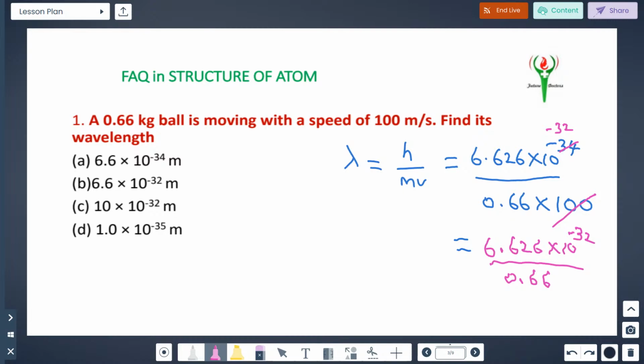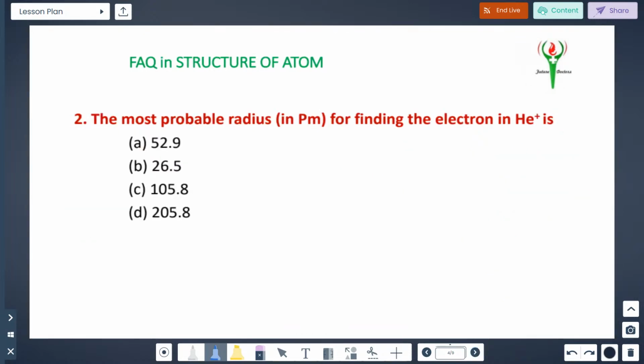Approximately, this is 10 times. So 10 into 10 power minus 32 meter. So among these, C is the correct one. Are you following? If you know the formula, you can solve this sum. The formula is lambda is equal to h by mv. Understood? Okay.